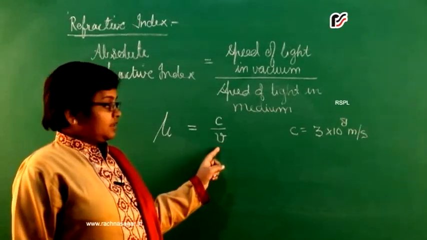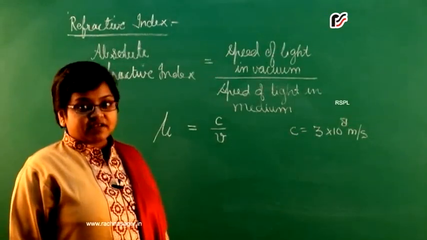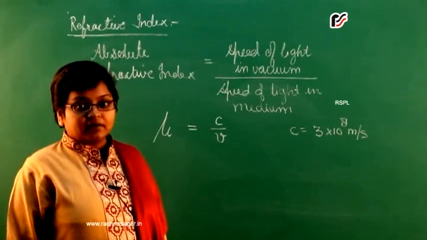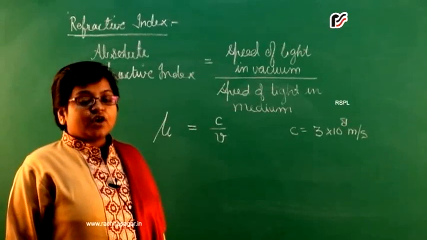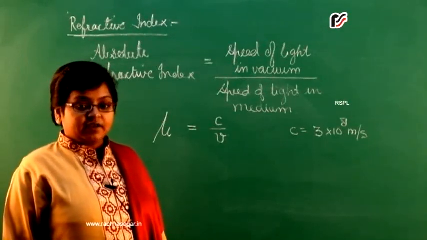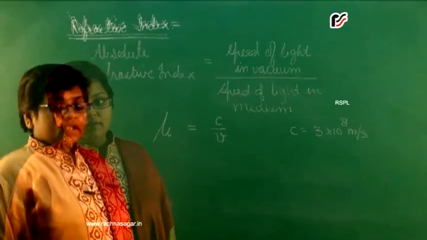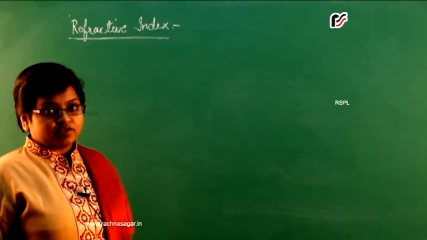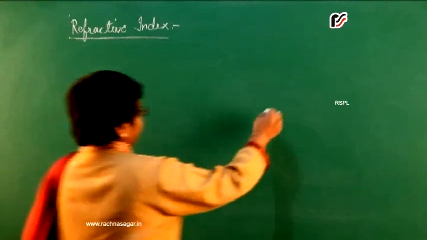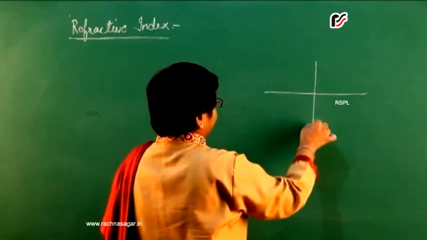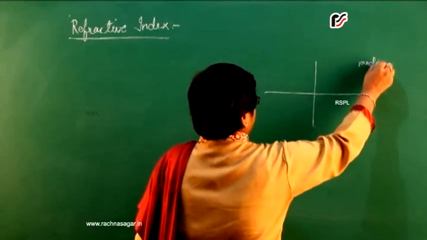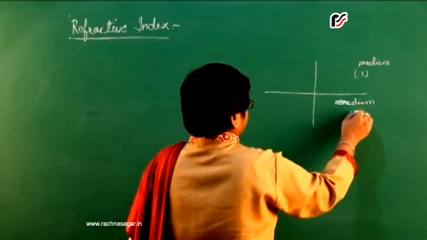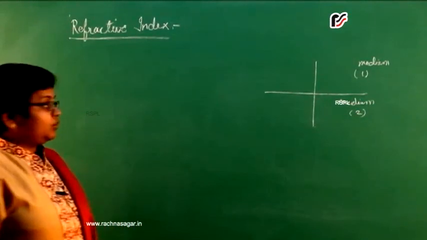We know that the velocity of light in vacuum is maximum, so the ratio C by V is always greater than 1. That is, the refractive index of a medium is always greater than 1 if we take the absolute one. Let us discuss the refractive index of the two mediums with respect to each other. This is medium 1. This is medium 2.